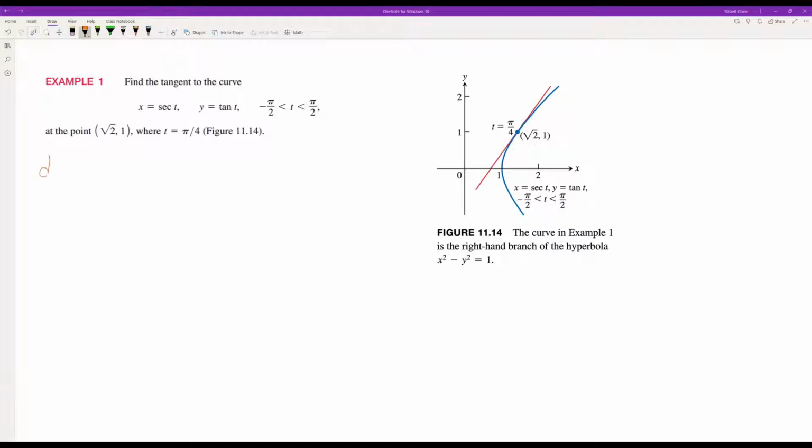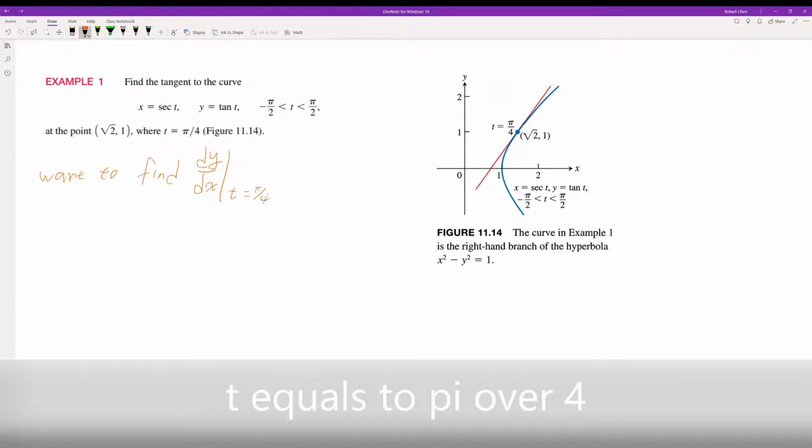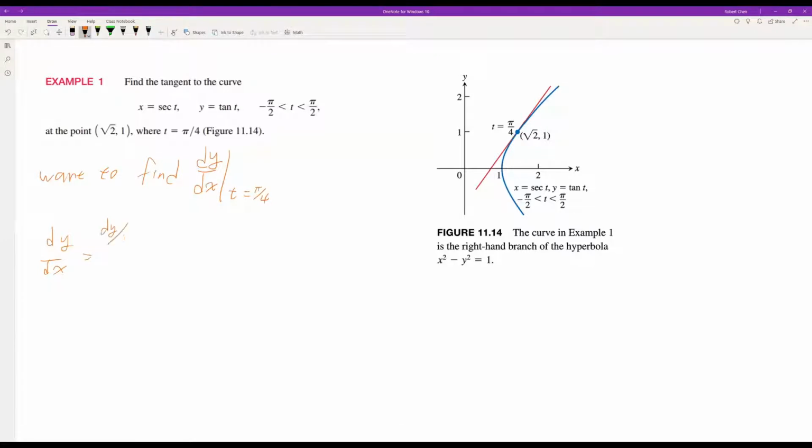So we want to find dy/dx at t equals pi over 4. First, dy/dx has the formula (dy/dt) over (dx/dt).